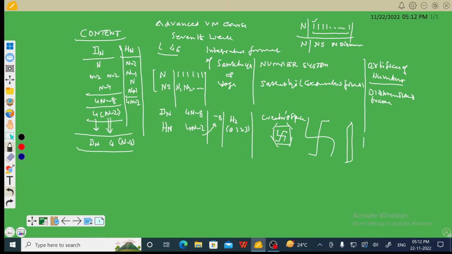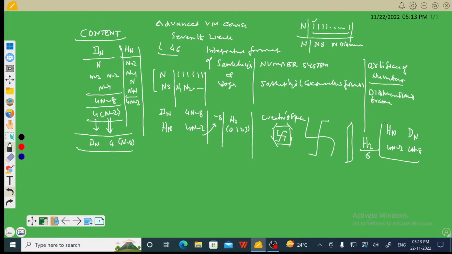That means H2 is available as value 6, and Hn is 4n minus 2 and Dn is 4n minus 8.